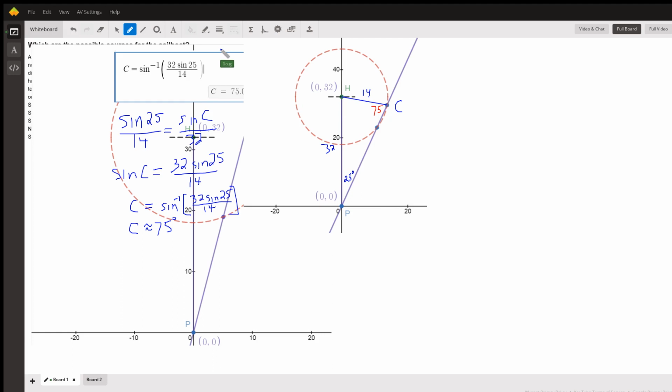Now, by the way, how do you know that there are two possible triangles without actually drawing the circle? If you drop an altitude from that vertex to the opposite side and call this H, then it's true that the sine of 25 will equal H over 32.